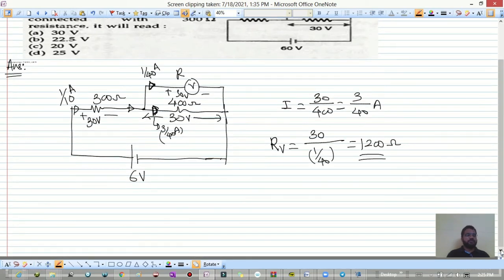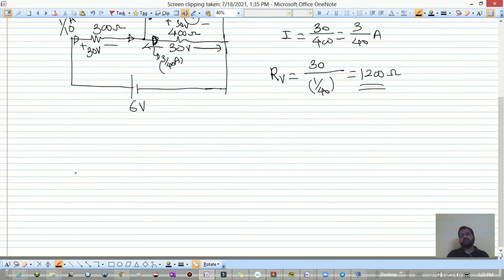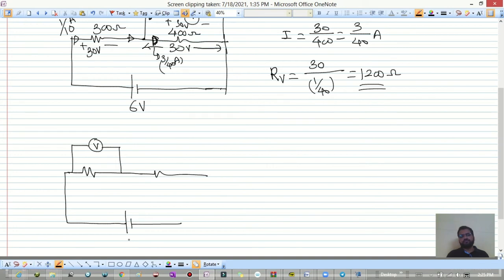Now if you connect the same voltmeter across the 300 ohm resistance, right, 300 ohm resistance, it will read, let's see, this is 60 volts, so this is 1200 ohm, this is what is called as 300 ohm. So current I is supposed to be, so we have equivalent resistance. Firstly we'll calculate.